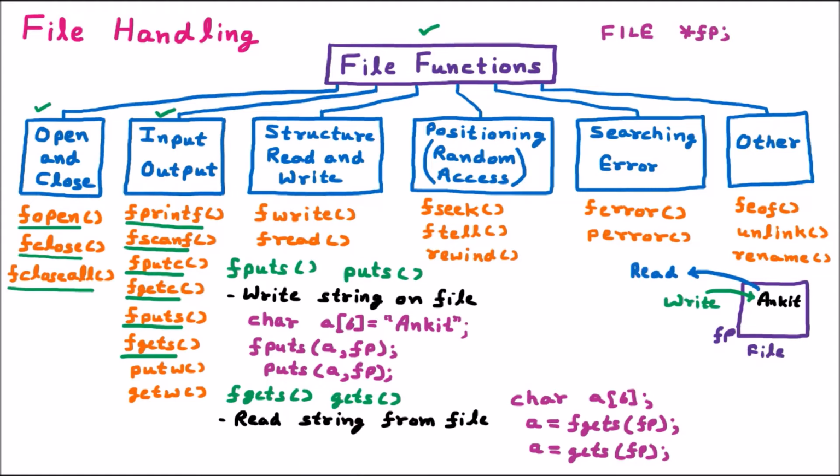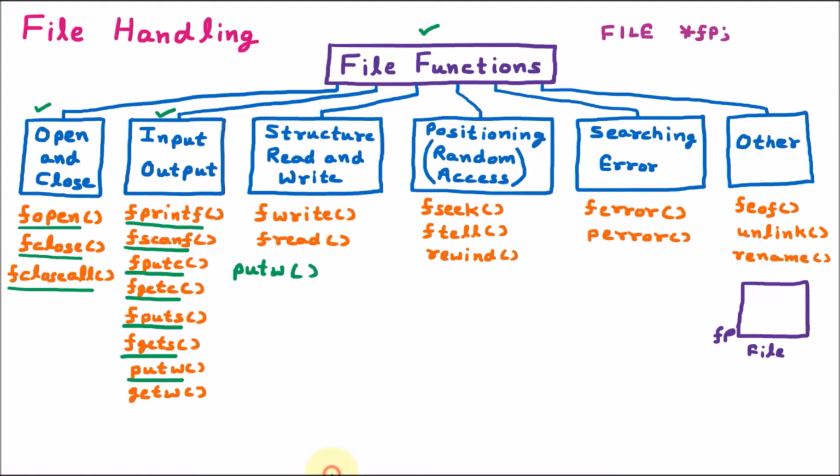The next function is putw. Here w signifies integer, meaning writing the integer onto the file. Let's say we have an integer variable x. We have declared a variable and initialized its value, let's say with 10. Now this value 10 we want to store inside the file.